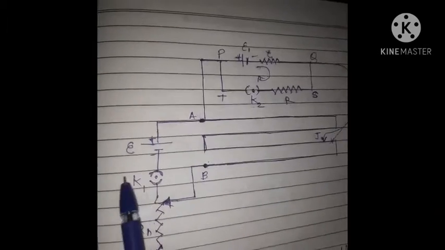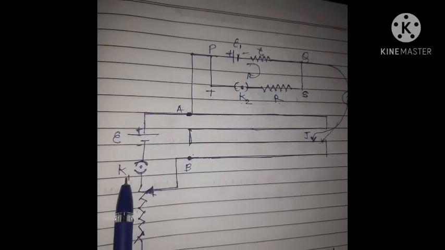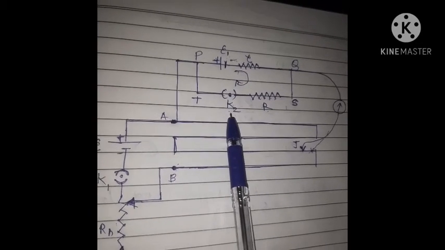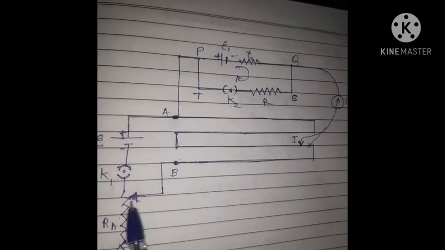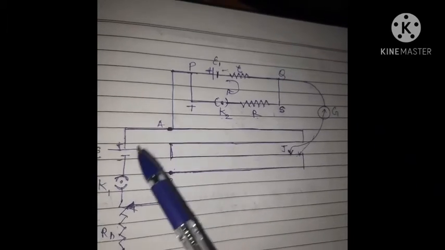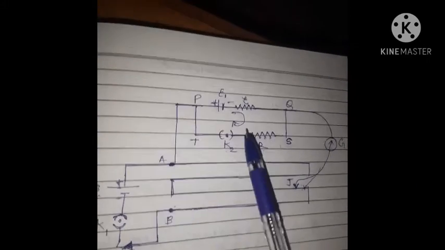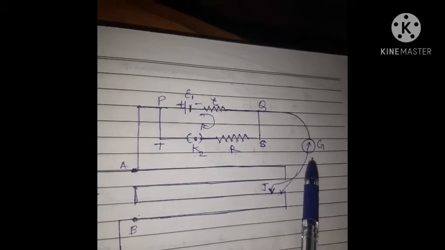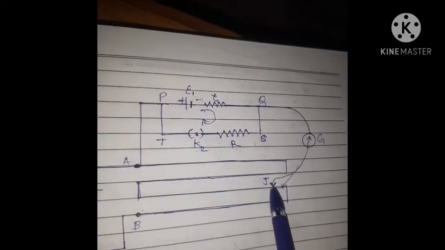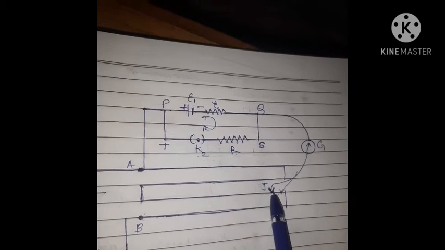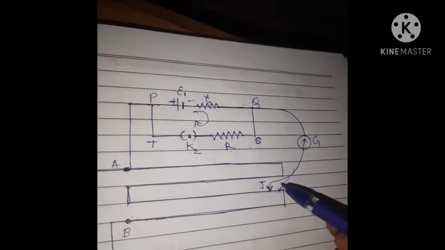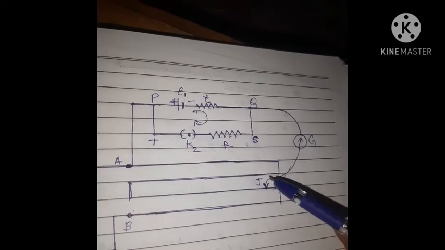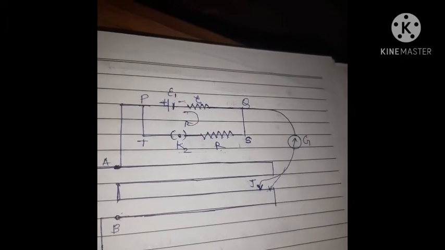Now suppose key K1 and key K2. Key K1 is kept closed whereas K2 is kept open, so that in the circuit cell E, cell E1, galvanometer and jockey are present. For this condition, obtain a null point by touching this jockey at various points on wire AB of the potentiometer.